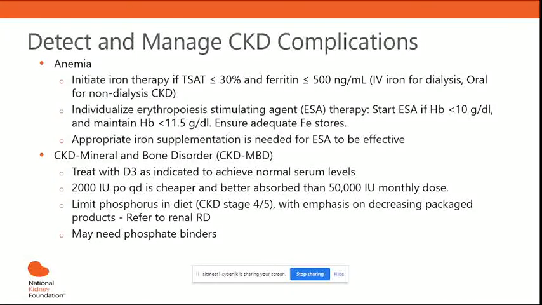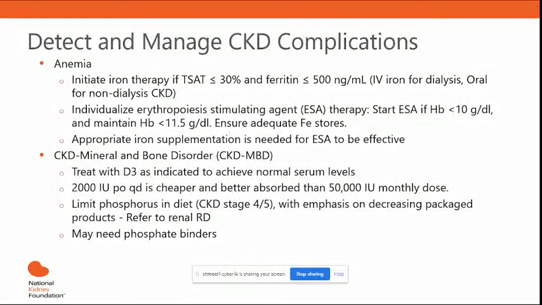The other important complication is mineral bone disease. In most of the patients, we have to check their vitamin D levels, and the vitamin D levels are low. We have to use vitamin D supplements, either 2000 IU orally, or we can use a monthly dose. In addition, we have to cut down their phosphorus in the diet, because another important complication they have is hyperphosphatemia.